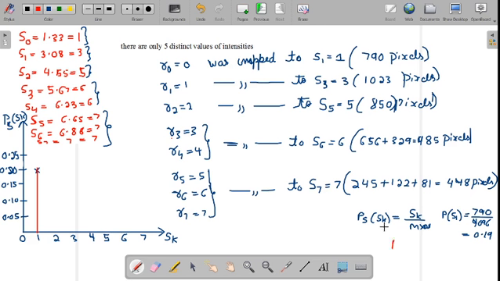Next, for 2, fine. So this is the probability of S3. The probability of S3 is 1023 divided by 4096. What is the value?